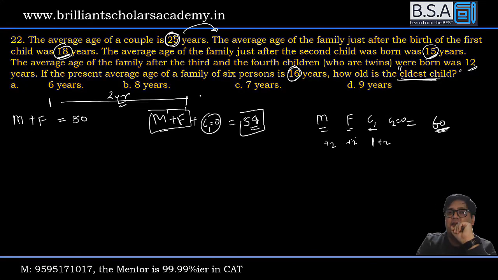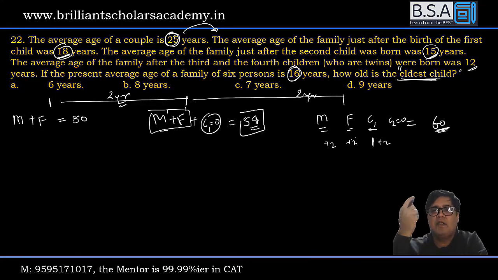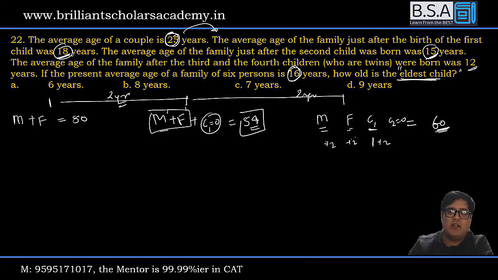That means from here to here there have been 2 years that have passed after the birth of first child. The birth of second child happens 2 years later on.